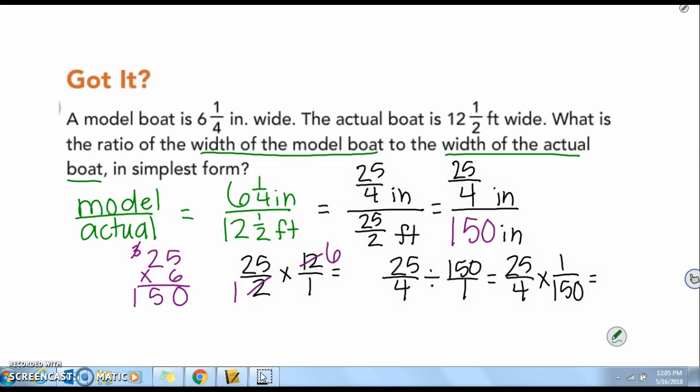We can cross reduce 25 and 150, which share 25 as a common factor. 25 divided by 25 is 1, and 150 divided by 25 is going to give us 6. We multiply straight across, and that would be 1/24.